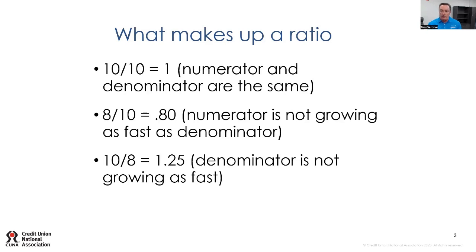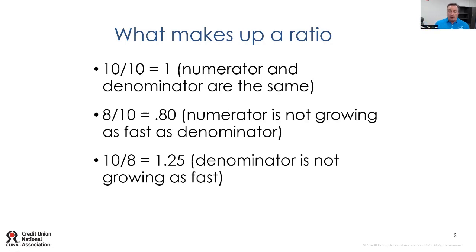This slide right here will give you an idea of what happens when the denominator grows faster than the numerator. That's going to make the ratio go down. That's the second line item that you see in this example.